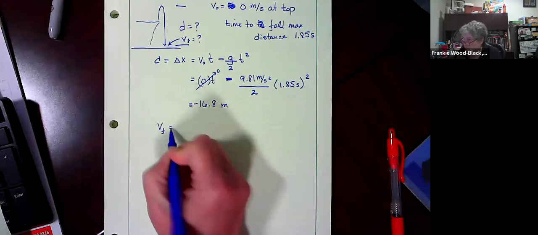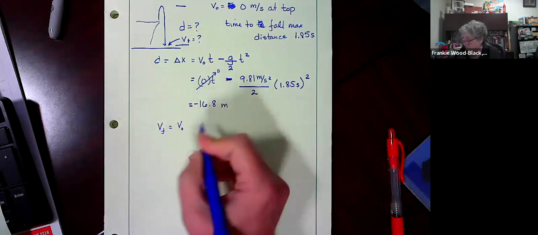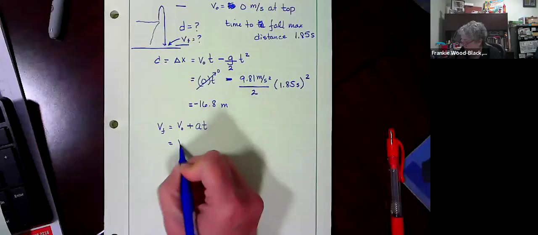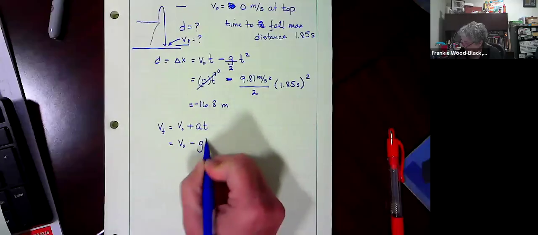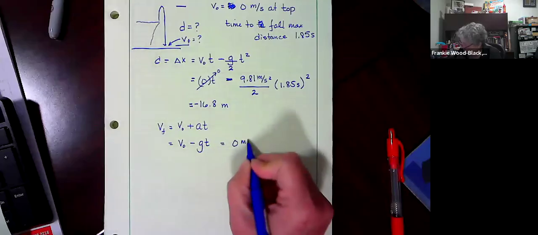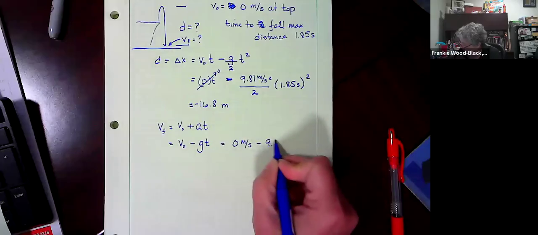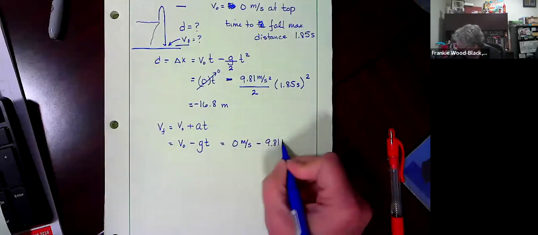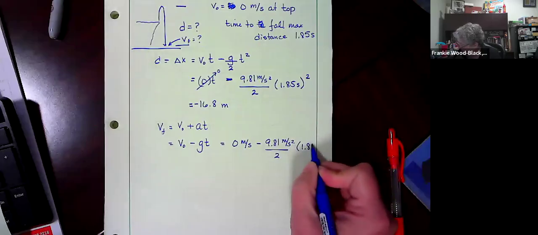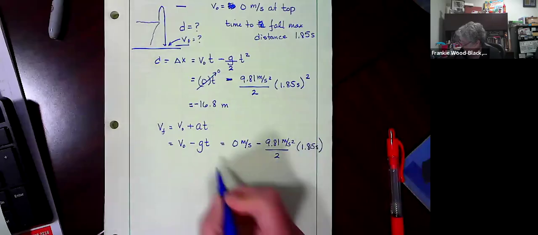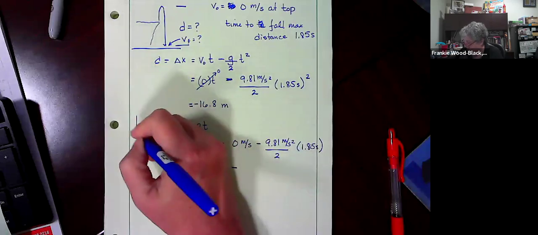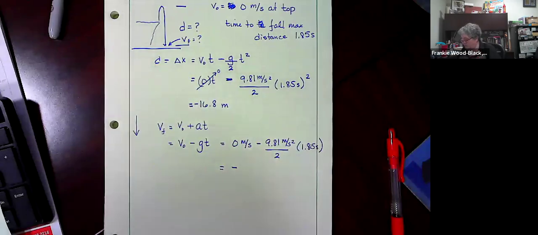The final velocity is equal to my V initial plus my acceleration times time, which in this case is going to be V initial minus gravity times time, which is going to be 0 meters per second minus 9.81 meters per second squared times my 1.85 seconds. I'm going to end up with a negative value because my velocity is going down, so I should have a negative value.